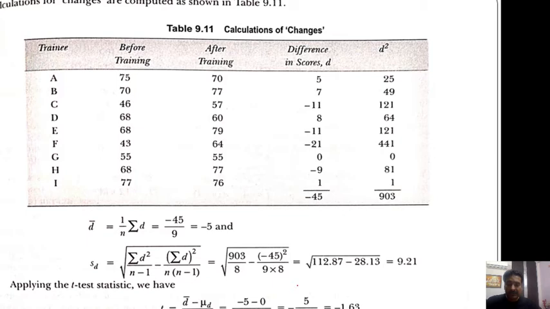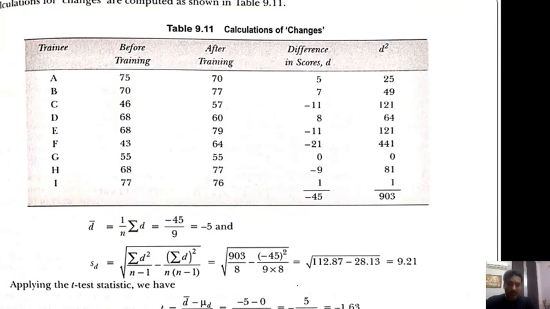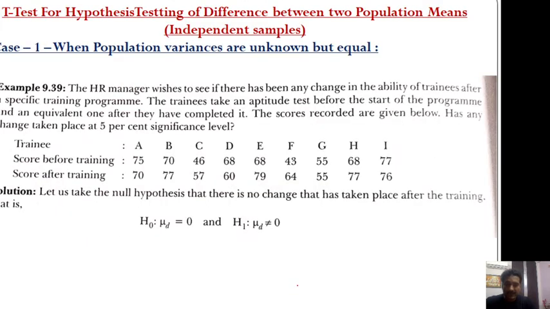So whenever we are testing the hypothesis about the differences of means, when variances are unknown but equal.